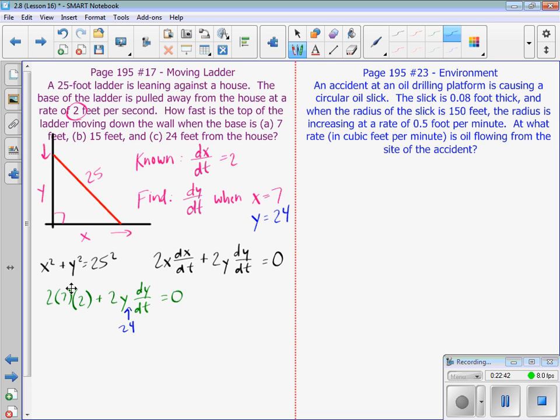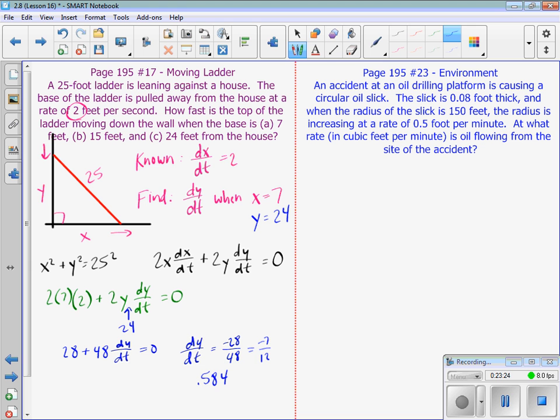Okay? So we get negative 28 over 48, which I have negative 7/12. I'm not sure what it comes to as a decimal there. 0.5835, so 0.584.